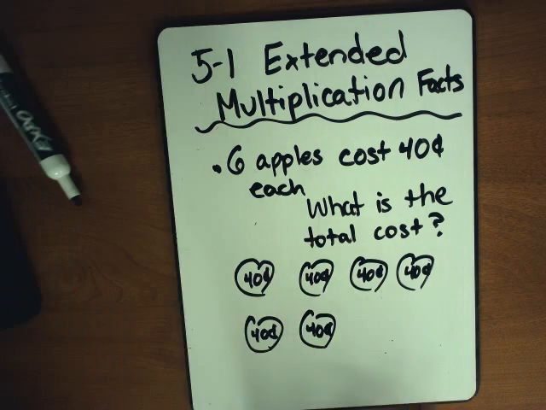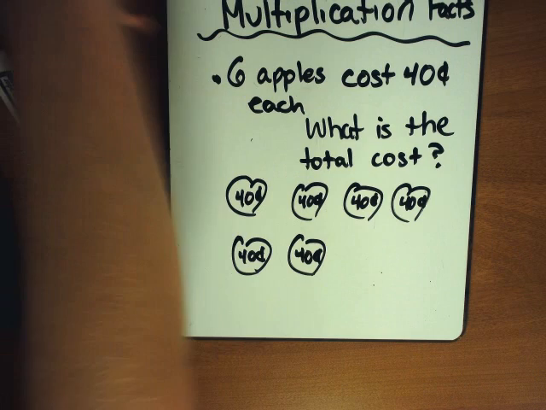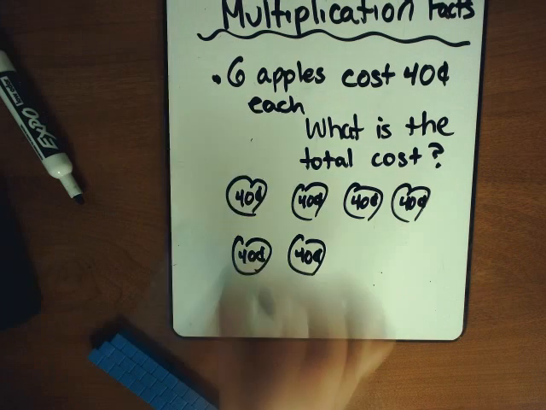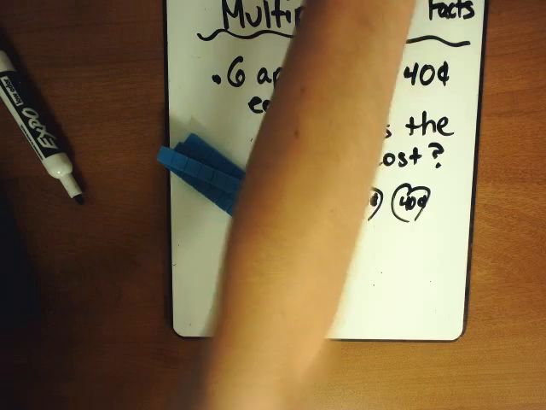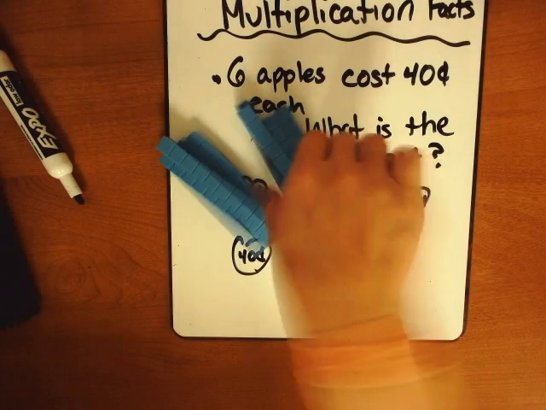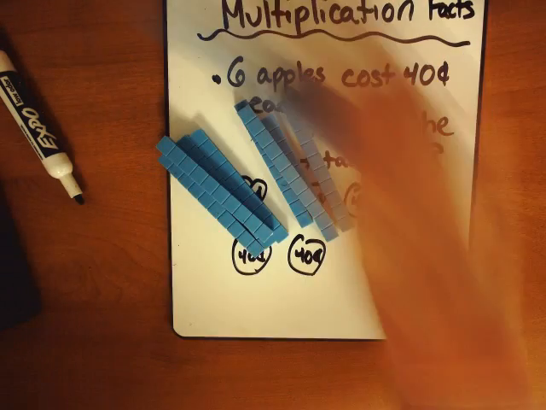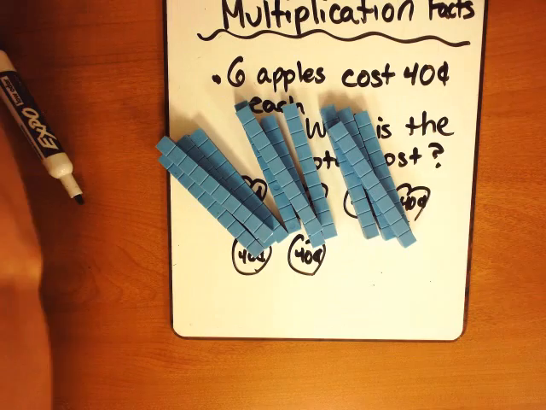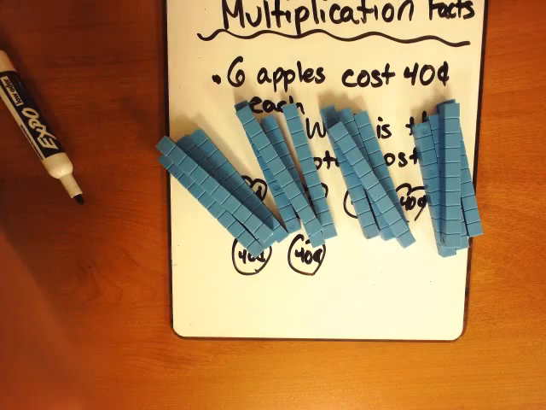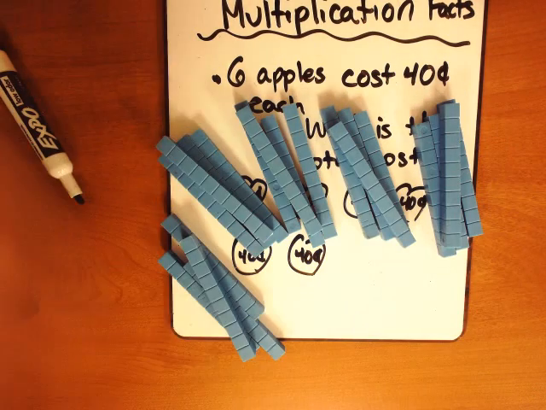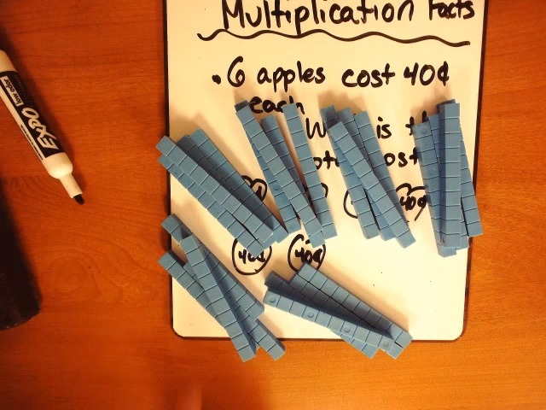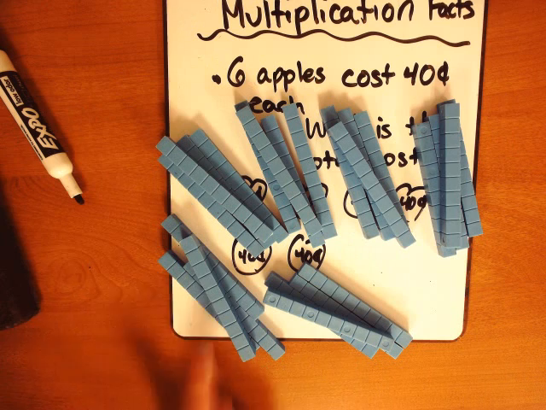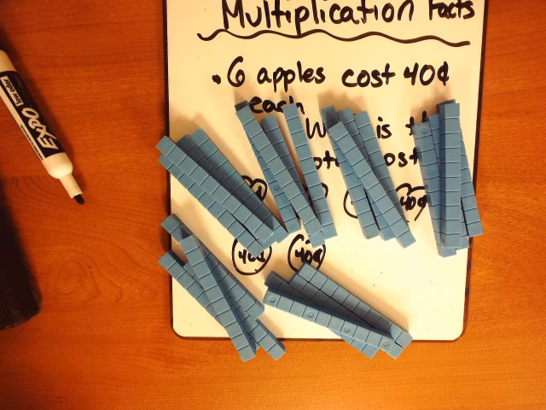You might think of this as place value blocks with tens, right? So I've got 40 here, 40 here, 6 groups of 40. And I can count each one of those up individually. I have 6 groups with 40 at each group, okay?